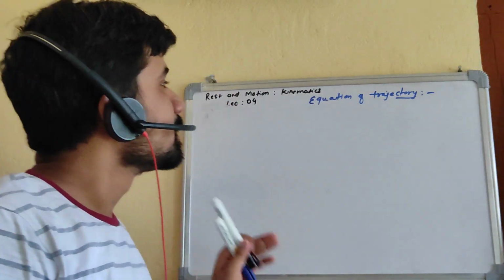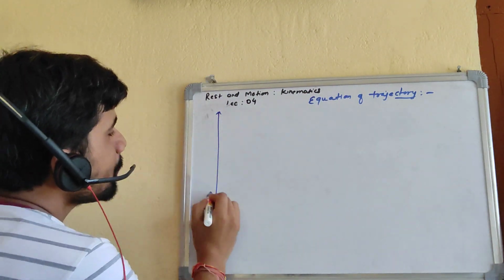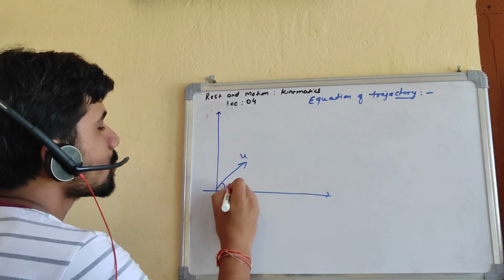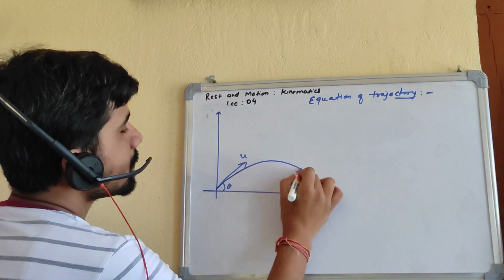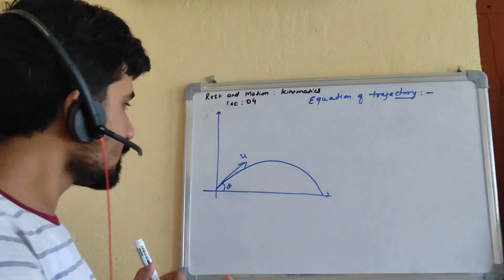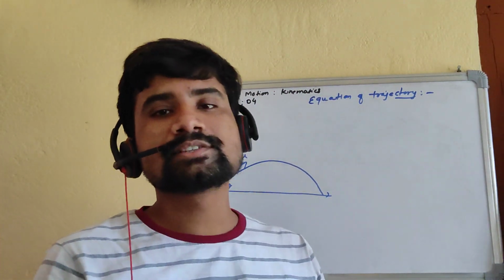Now we will talk about the equation of trajectory. When we project any object at an initial velocity u and angle theta with respect to the horizontal, it follows some trajectory, some path. We don't know exactly what this geometry is. It does not look like a circle, obviously.